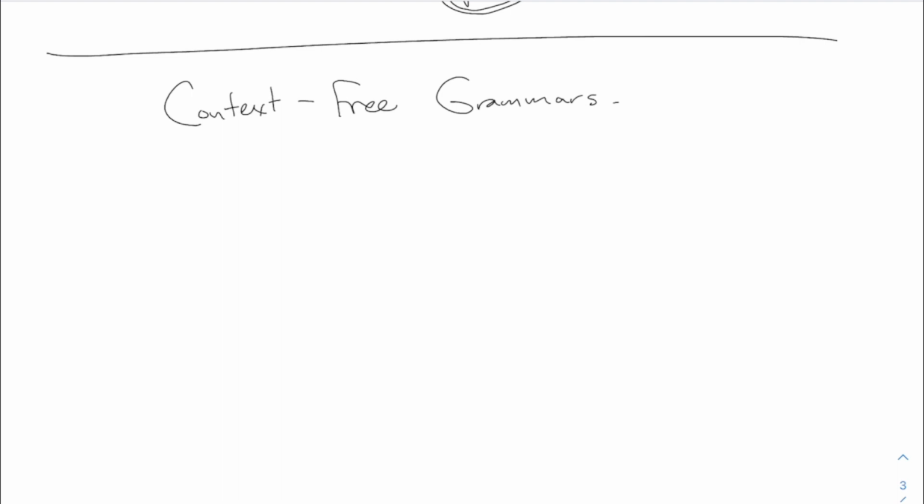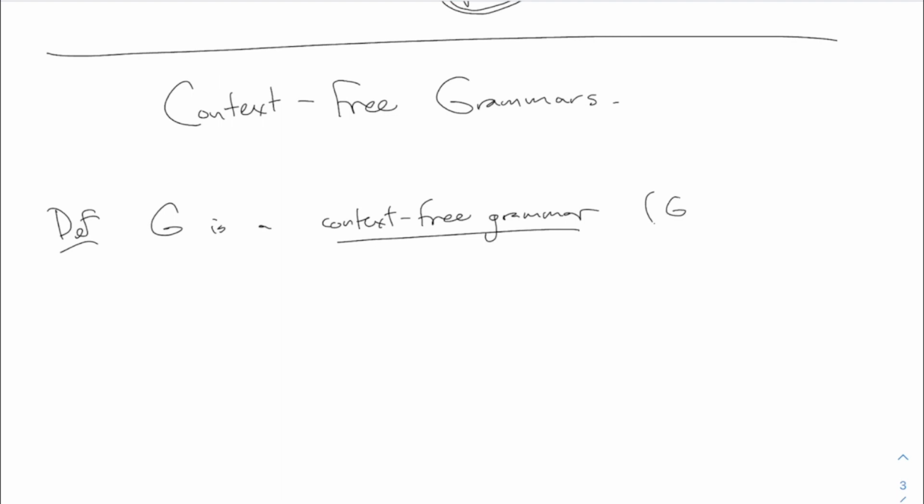So I will tell you what a context-free grammar means. Let's write a real definition here. G is called a context-free grammar, and I'm always going to write CFG. CFG means context-free grammar.